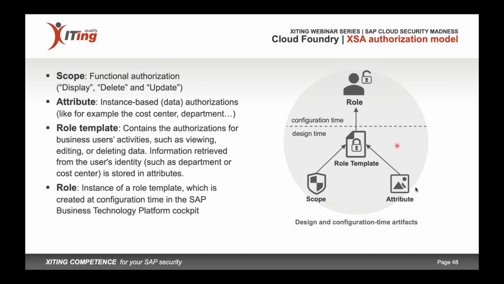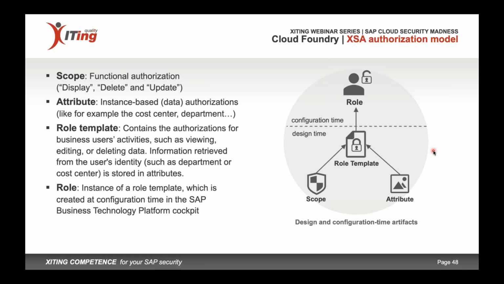Attributes are more or less data authorizations and also user attributes, the ones that we use in the SAML assertion. And we have scopes, which you can compare with functional authorizations, operations like view, edit, delete. Together you bundle this in a so-called role template.